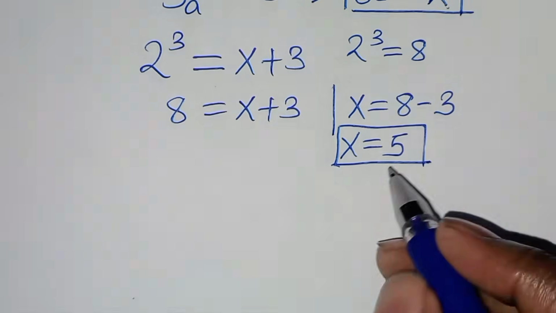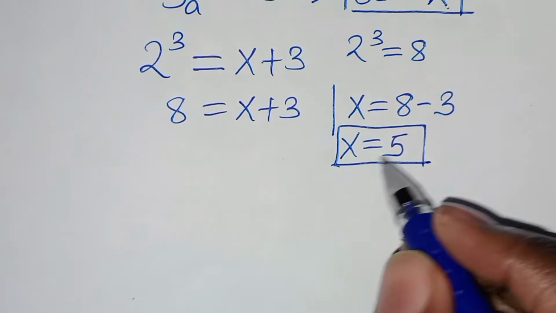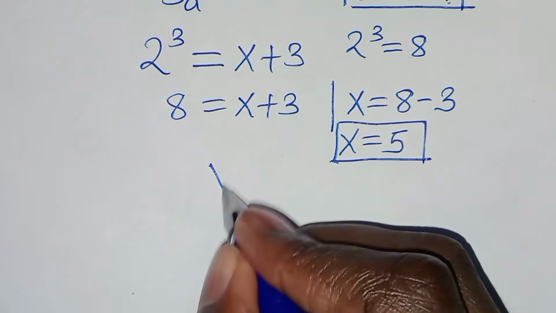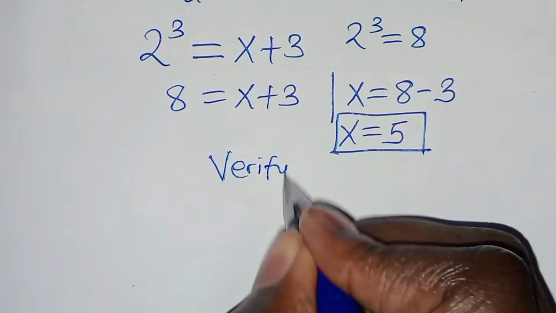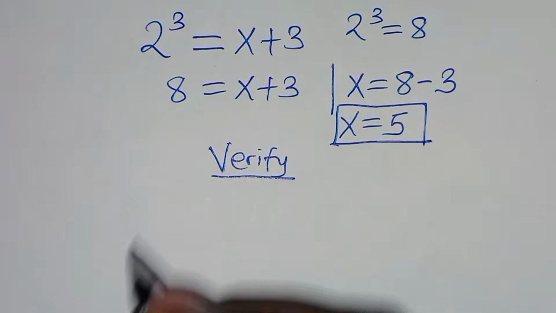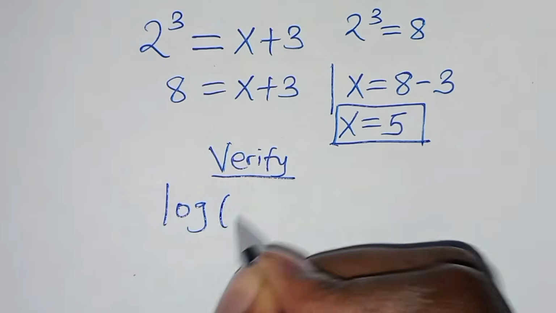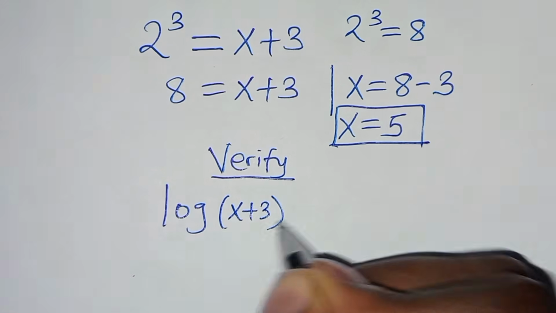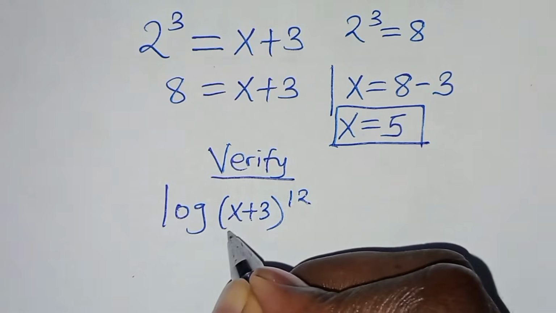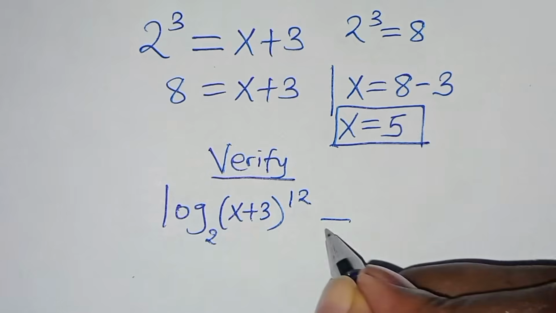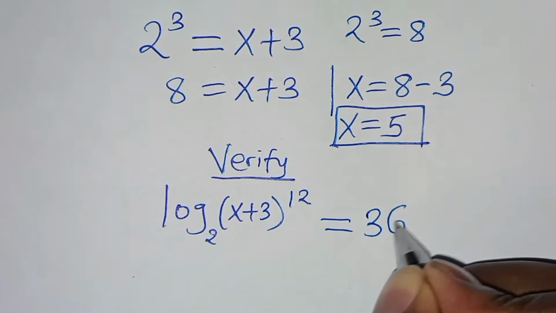Now, let's verify that this value of x satisfies the equation. So we have log of (x plus 3) raised to the power of 12 to base 2. This should give us a value of 36.